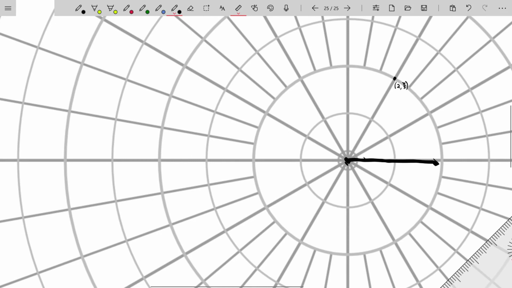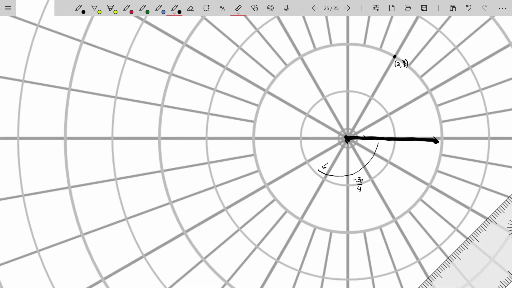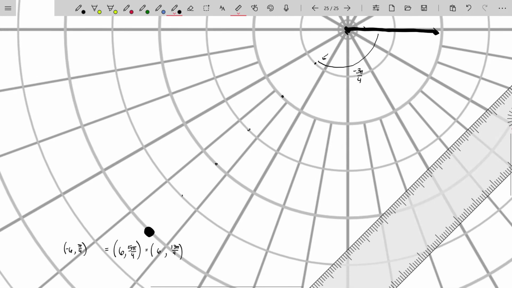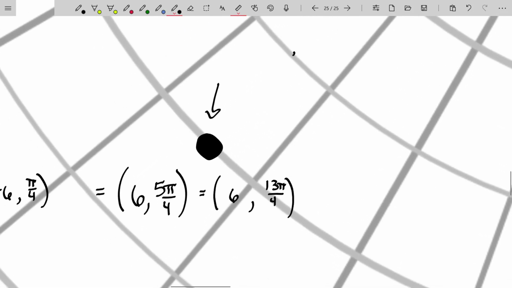Negative 3 pi over 4 would rotate all the way back to here. That is a negative 3 pi over 4. So that's the direction that we're facing now. We're facing this direction. And then we'll step forward 1, 2, 3, 4, 5, 6 units. There we go. And so yet another representation for that point, 6 comma negative 3 pi over 4.